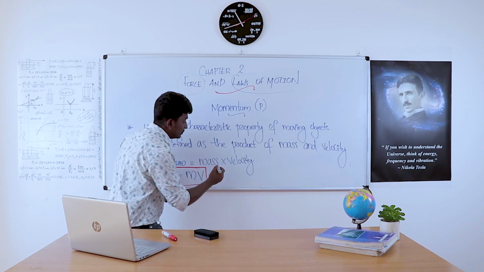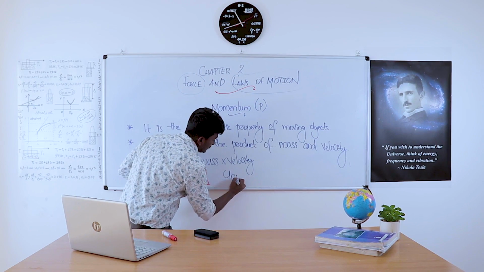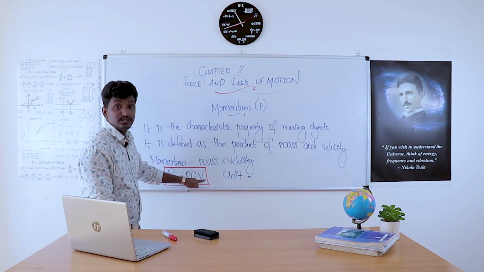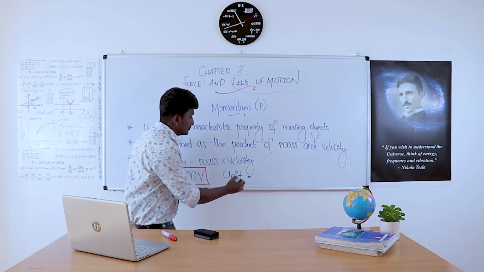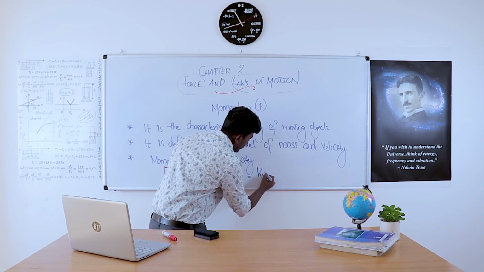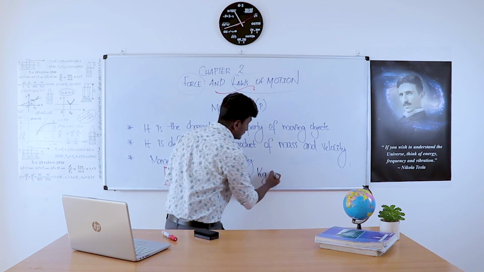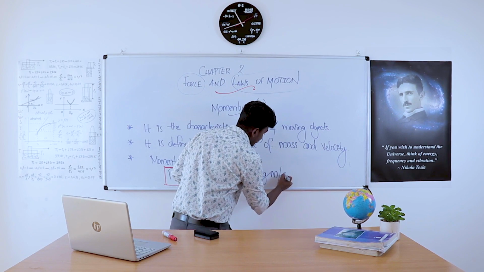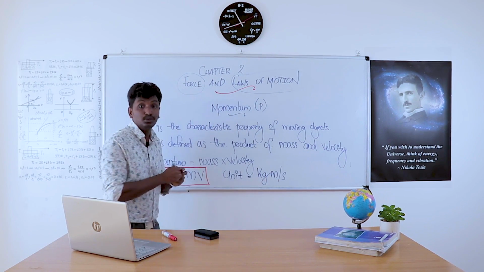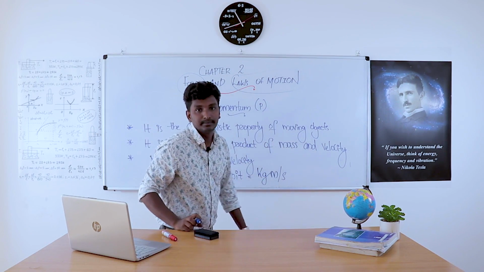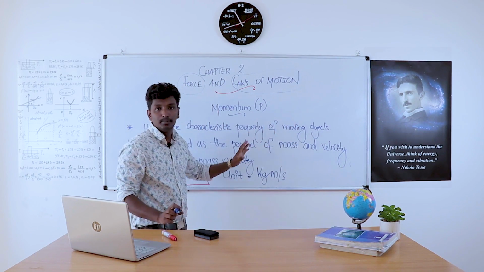Now we need the unit of momentum. Unit of momentum is equal to mass into velocity. You know the unit of mass is kilogram and the unit of velocity is meter per second. That is, the unit of momentum is kilogram meter per second. That's all about momentum.